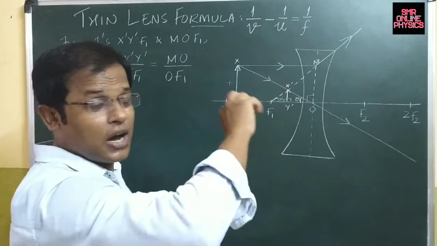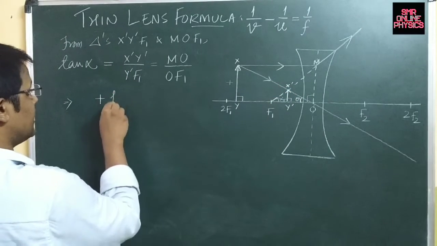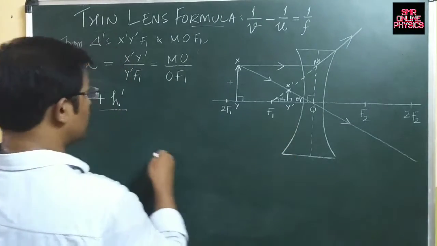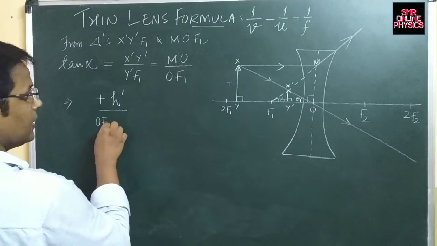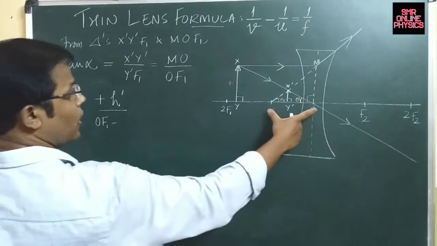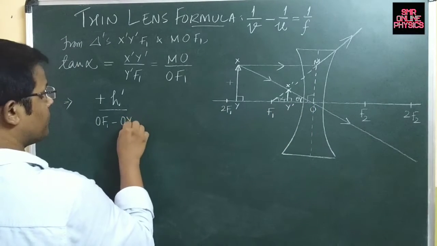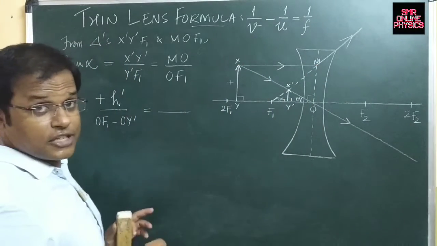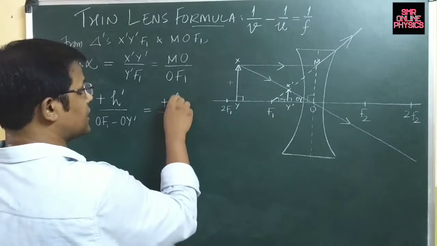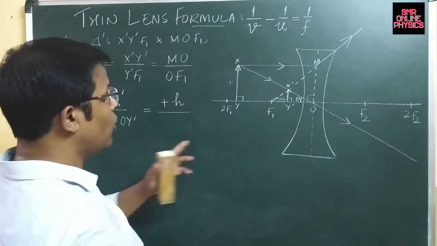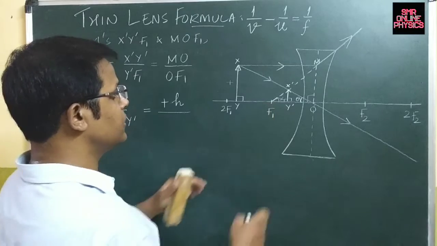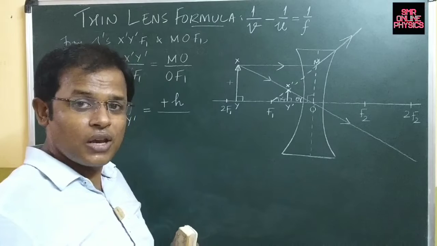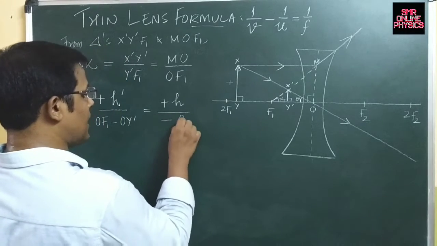This is nothing but your height of the image, so plus h dash. But y prime F1 doesn't have a unique name, so I can write it as OF1 minus OY prime. That's equal to MO. MO is parallel to XY, so that distance should represent the height of the object above the principal axis, so positive sign. OF1, O to F1, is your focal length to the left hand side of the optical center. Remember, for concave lenses the focal length is always negative, so minus f.